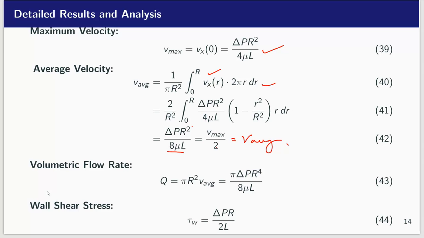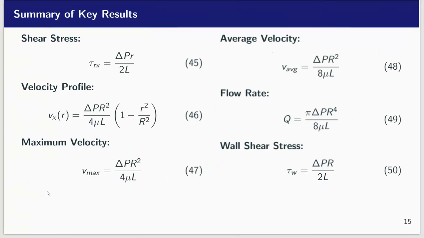Volumetric flow rate Q is equal to pi R square times v average, means area into velocity, so that will be pi del p R to the power 4 by 8 mu l. The wall shear stress we can easily calculate by tau_rx equal to minus mu dvx by dr. Using that we'll get del p R by 2l.